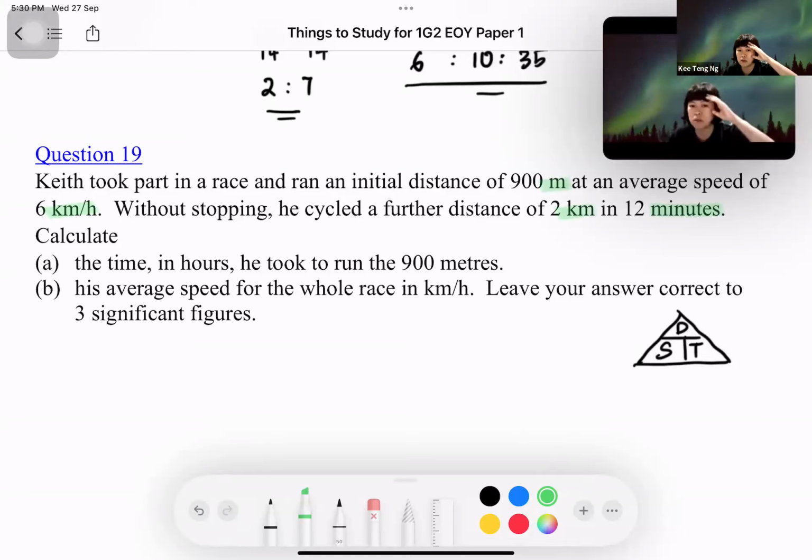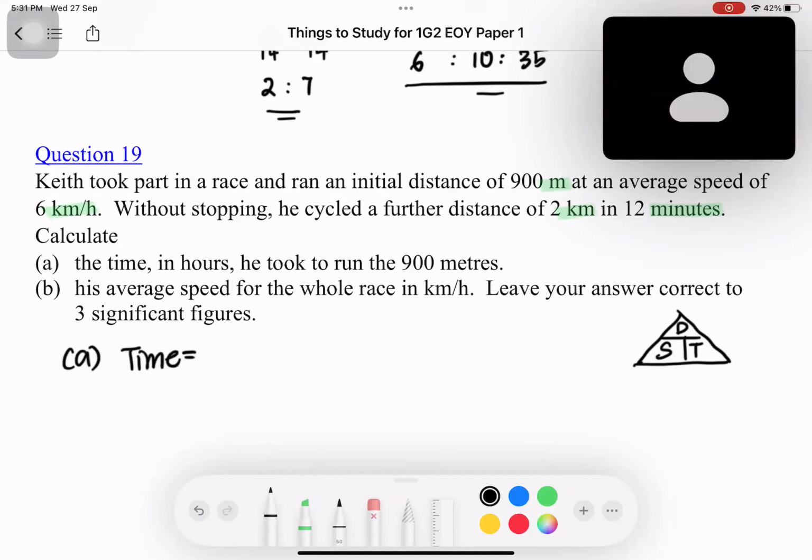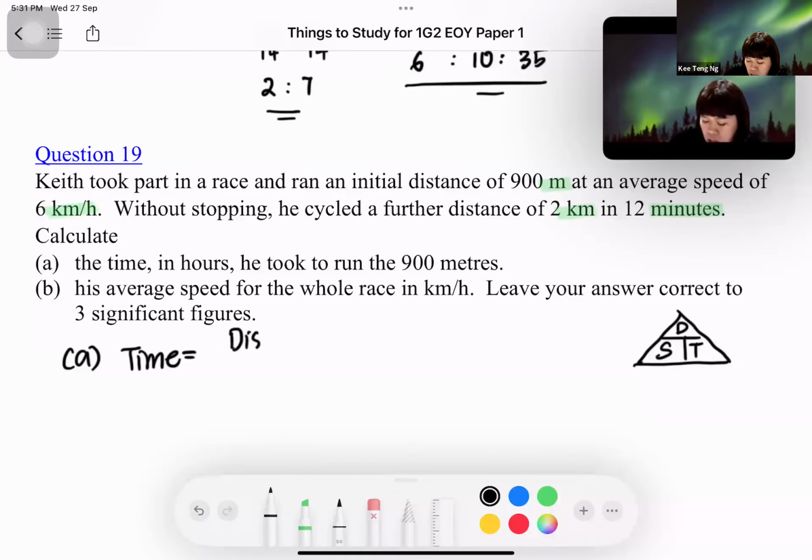So we must change everything to the correct units. Find the time in hours he took to run the 900 meters. How to find time? Time is distance divided by speed.